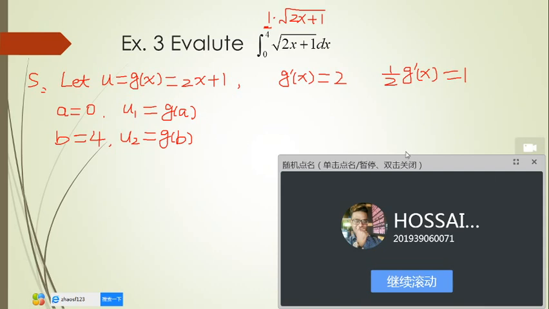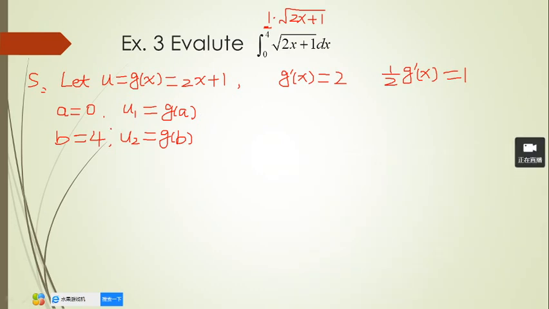So what is g(a) and g(b)? Yes, a is 1, but what is g(a) and g(b)? Then we can rewrite it from 0 to 4. No one replies? Any volunteer to answer this question?